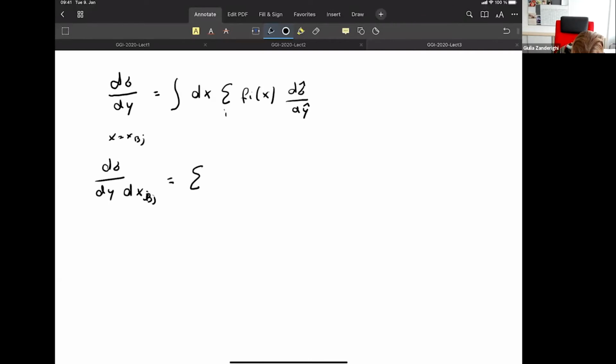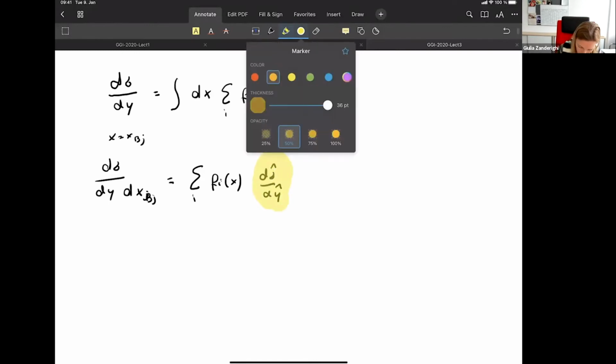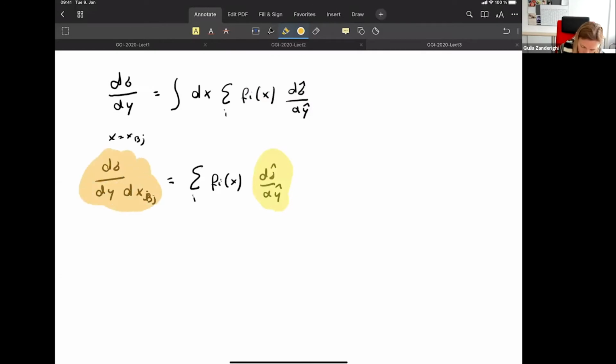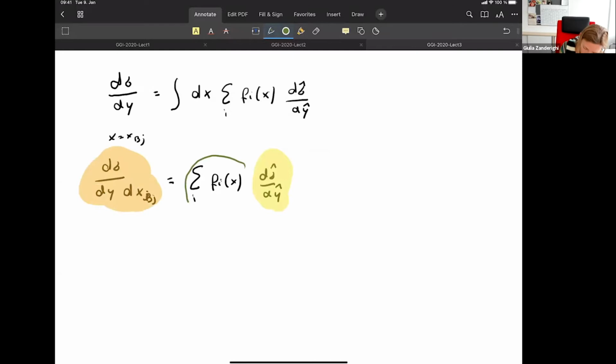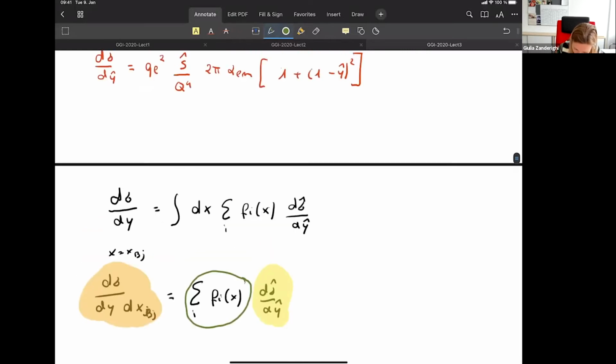So what you get is the sum over i of f_i(x). Now, this part in yellow you compute, this part in orange you measure, and so you see that by doing this you can extract this combination of parton distribution functions here, the sum of your parton distribution functions. So here, sorry, I was a bit too quick. There was an important point.